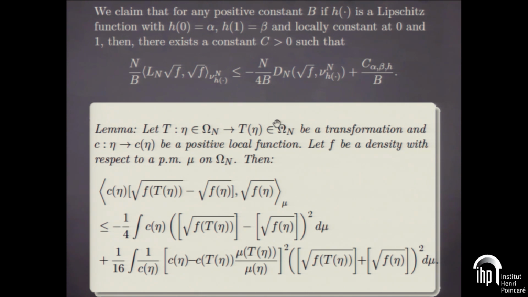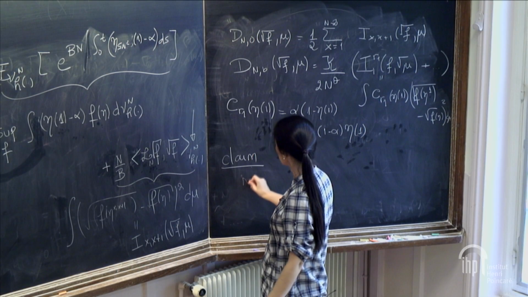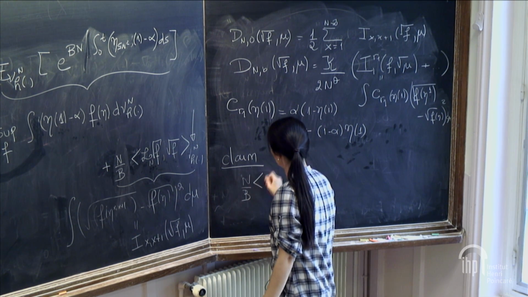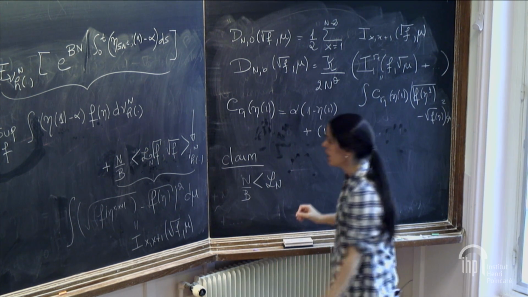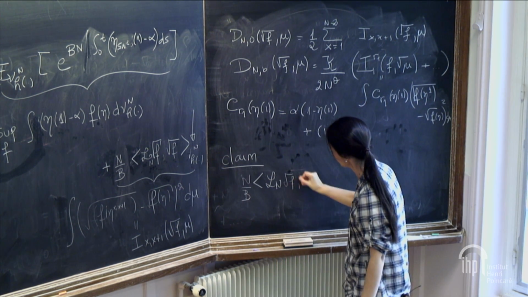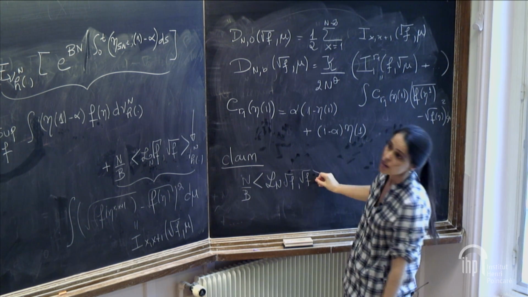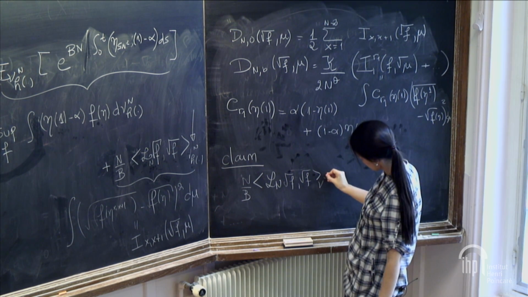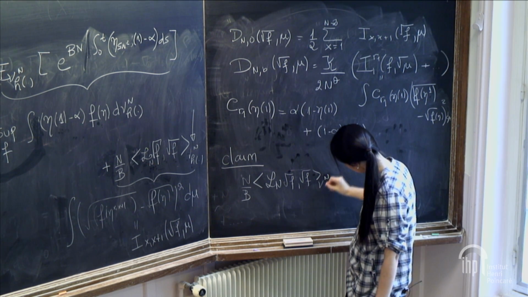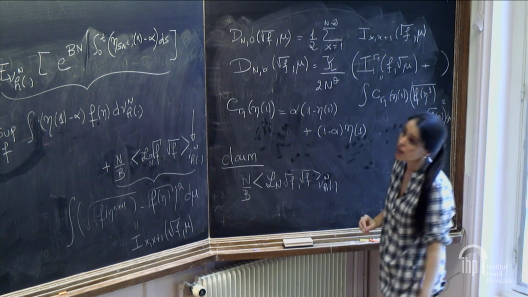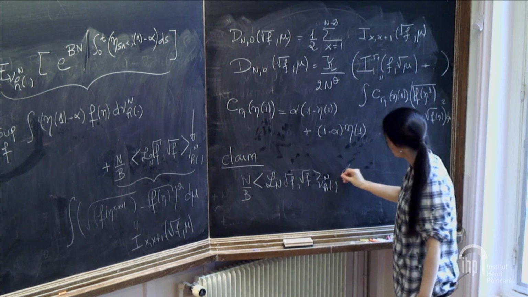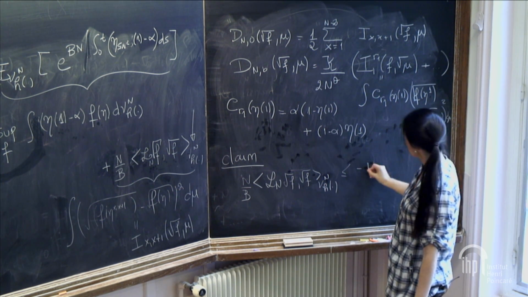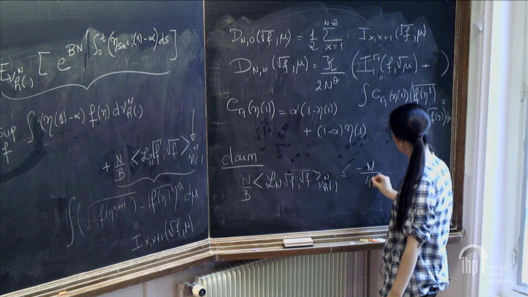I claim that it is possible. So the claim is we replace the true Dirichlet form, D_n of square root of f, with respect to the measure that we want to look at. And the price is minus n over 4b.